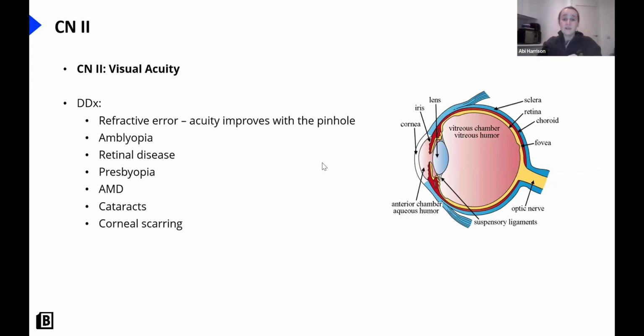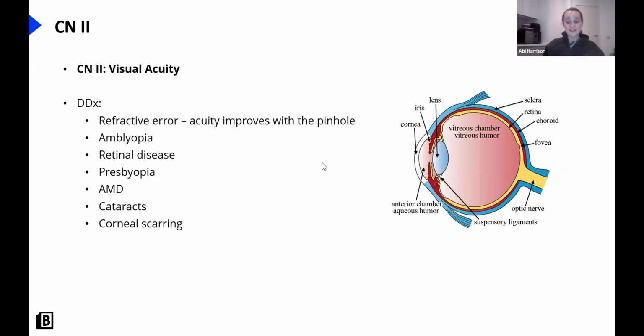That's either short-sightedness, where your lens is essentially too strong, and the light rays converge anteriorly to the retina, or it could be long-sightedness, and these are addressed with different shaped lenses. So a short-sighted person needs a concave lens to essentially reduce the strength, so you're converging the light on the retina.